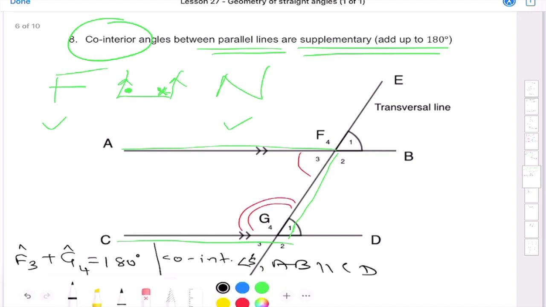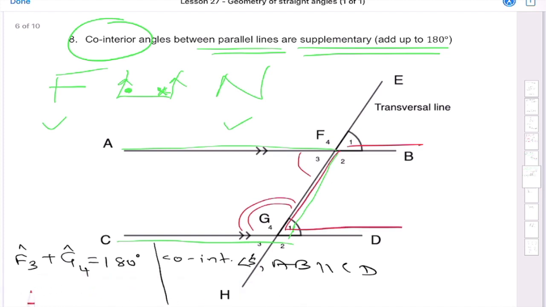Also, from the same diagram, this side, that angle there, F2, and this angle here, G1, will also add up to 180 degrees because these are co-interior angles.